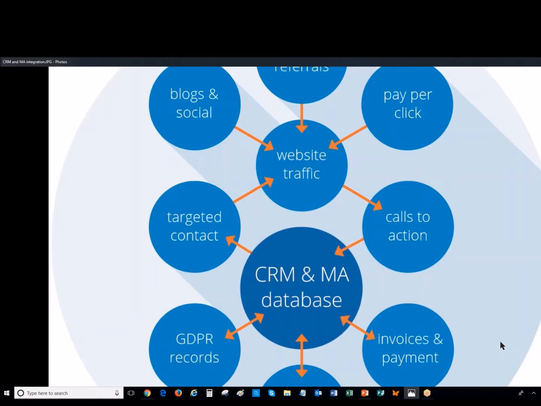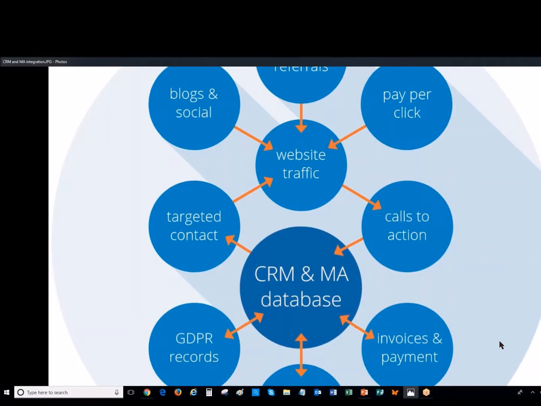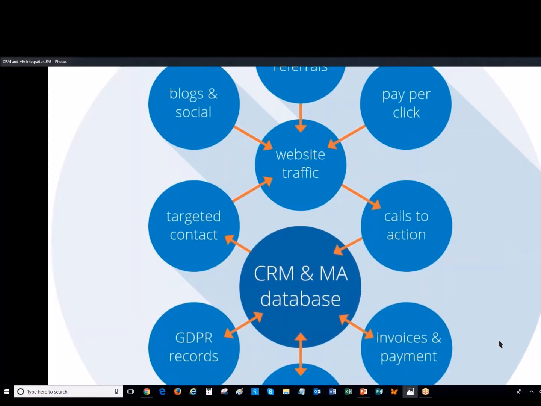The objective here is to improve the quality, always to improve the quality of the marketing automation data that hits your database in the center of your organization.